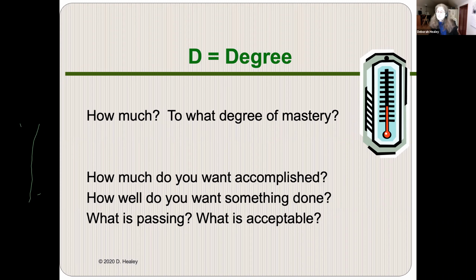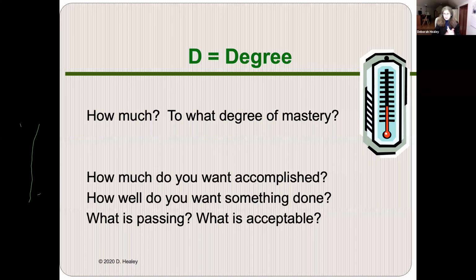So if you think about it, it's really just thinking about how you will know when your lesson is successful. How will you know that they got something from your lesson?